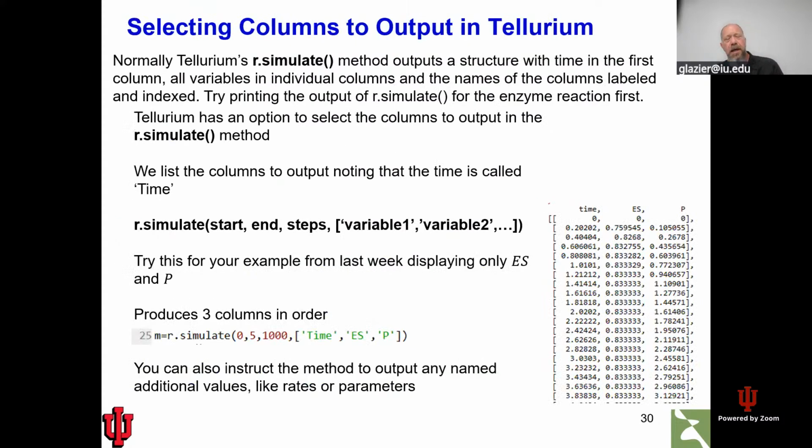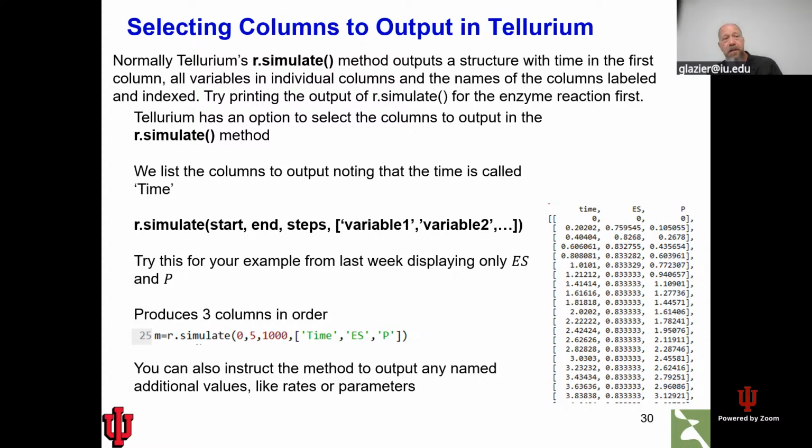As I mentioned last week, when you run r.simulate, it gives you a table where each column of the table is labeled with the name of the variable. The first column is time, and then each of the other variables in the problem is another column. You can select what columns to output in your simulate function with a list: square bracket, name of variable, comma, name of variable, comma, name of variable.